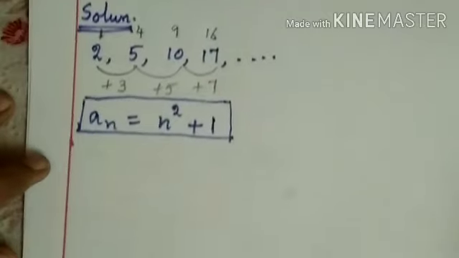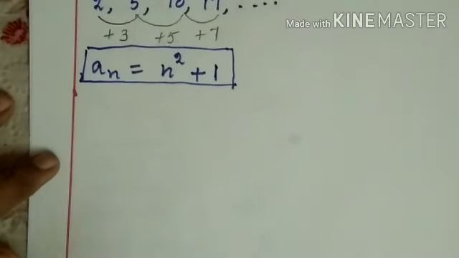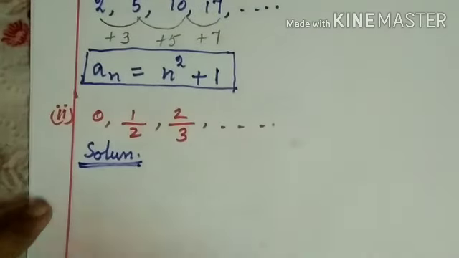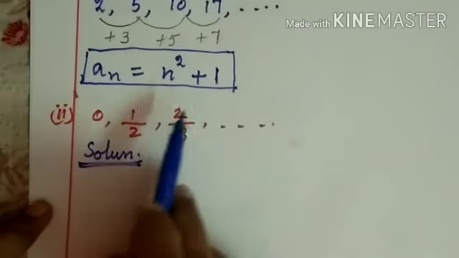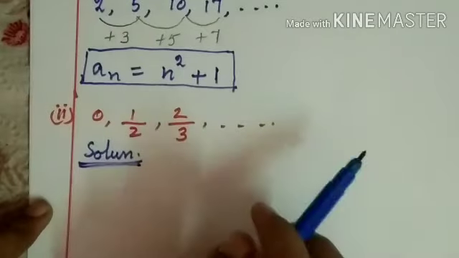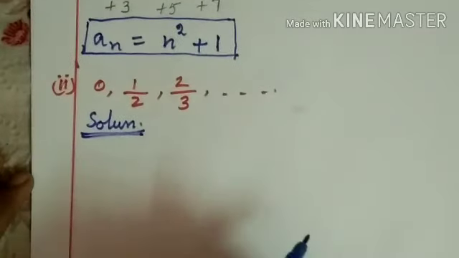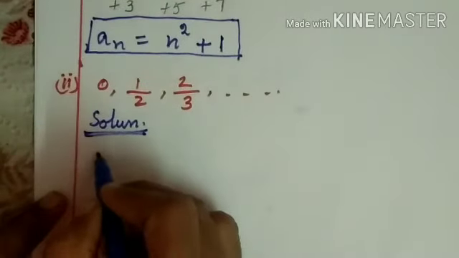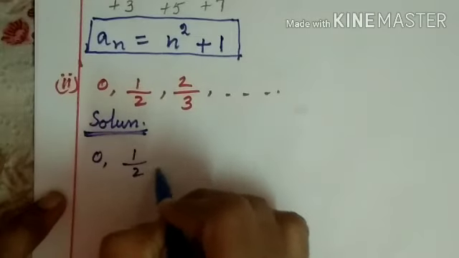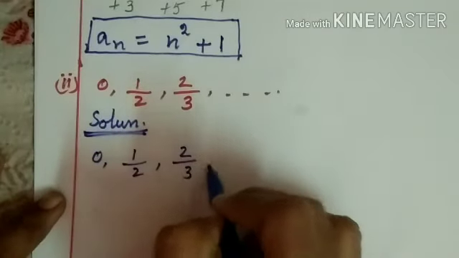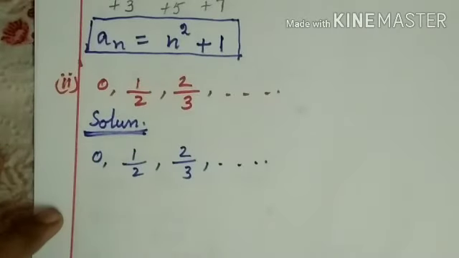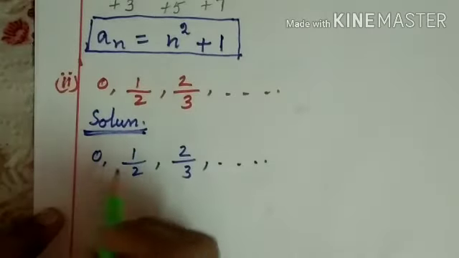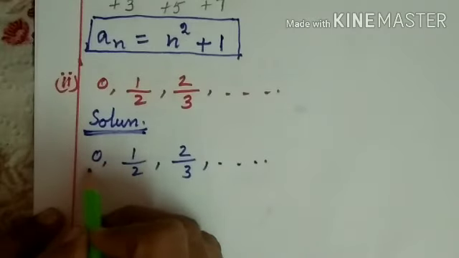So now we move on to the second subdivision. See the second subdivision, the given sequence is 0, 1 by 2, 2 by 3 and so on. First you take down and write the given sequence, that is 0, 1 by 2, 2 by 3 and so on. Here the terms are fractions. Here you have to assume 0 by 1.